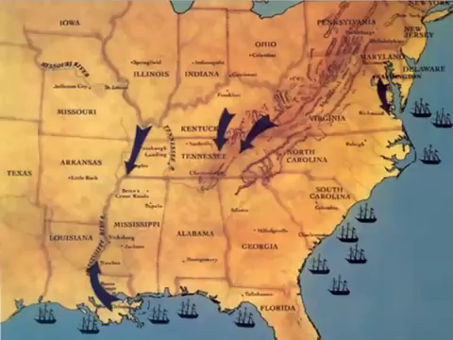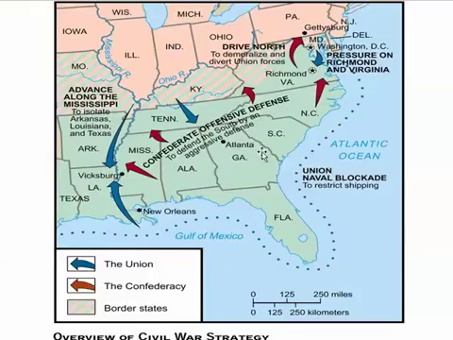And now with this, the South is going to be left fighting a defensive war. Nearly all of its battles will be fought with the South on the defensive, as the North fights on the offensive and puts pressure on the South while it surrounds it and tries to take the Mississippi River to win the Civil War. So that's the strategy of winning the war.